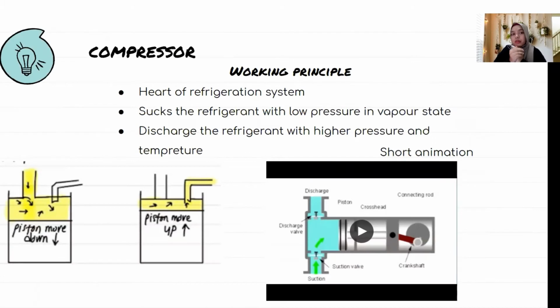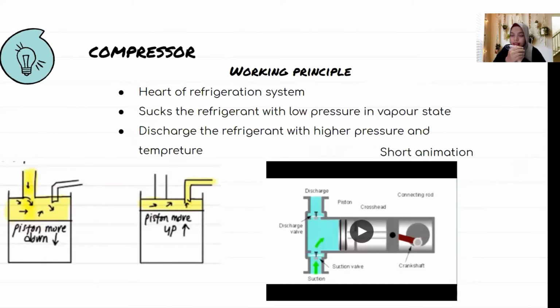For my part, I'm going to present the analysis of the compressor. The compressor acts as the heart of the refrigerant system because it controls the flow through the ice maker.